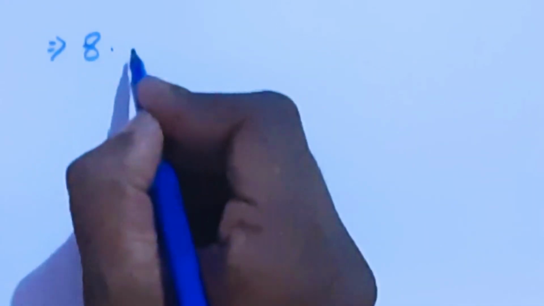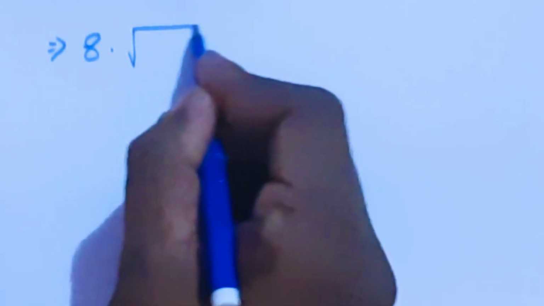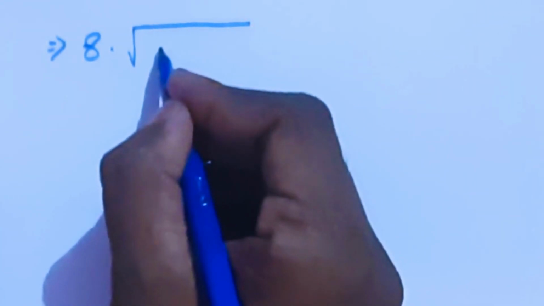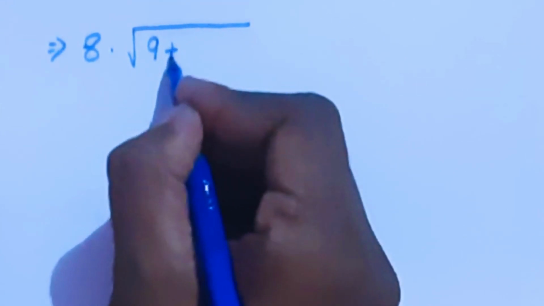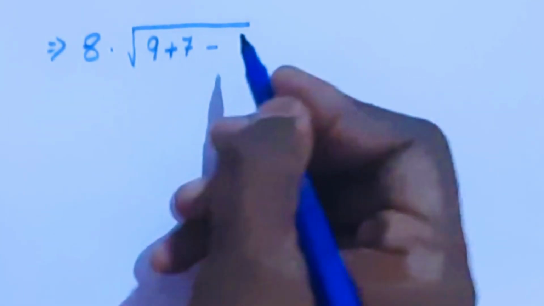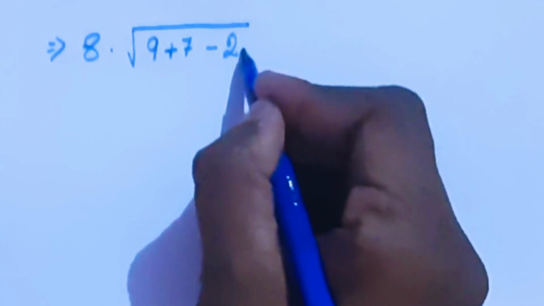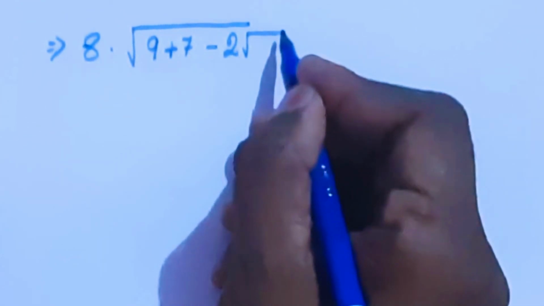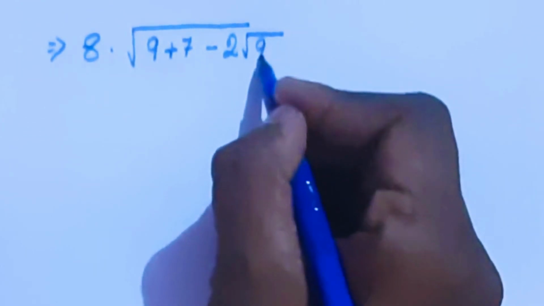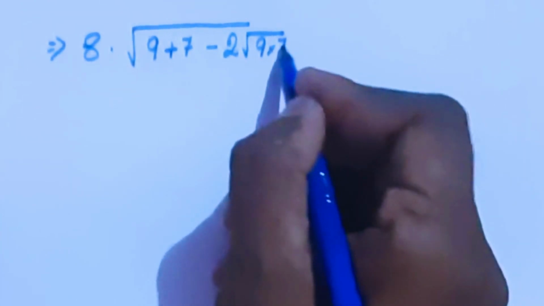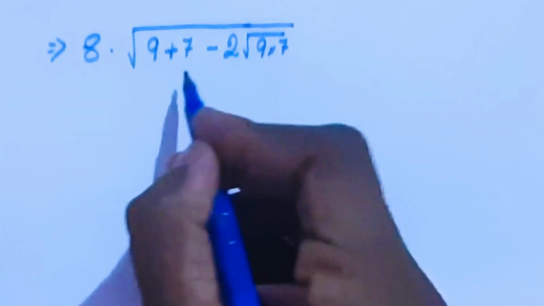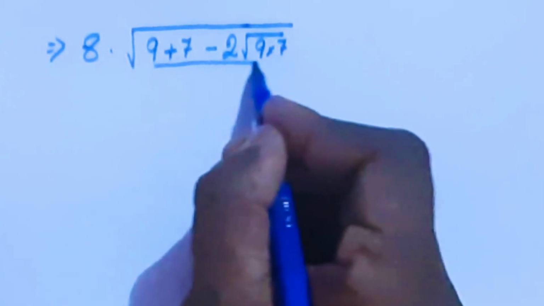Now 8 times square root of, this 16 can be written as 9 plus 7 minus 2 times the square root of this 63, which can be written as 9 times 7, by 2.